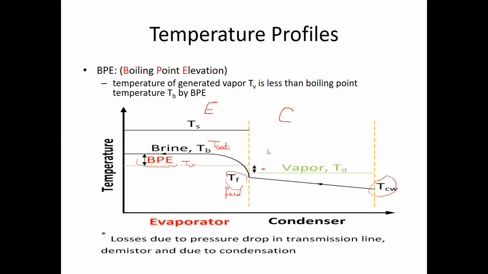Any further questions? Doctor, how can the pressure drop affect the temperature? Because it's vapor. Remember, in your thermodynamic courses, sometimes if you are talking about highly superheated vapor, you may consider it as an ideal gas.